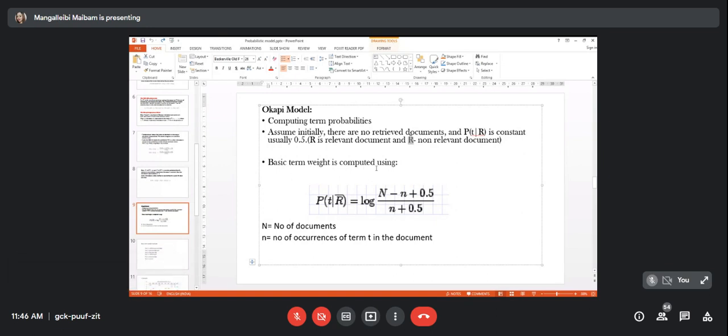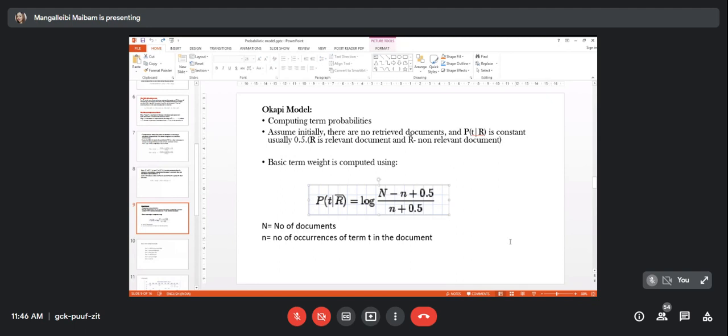Basic term weight is computed using this formula: log of (N minus n plus 0.5) divided by (n plus 0.5), where 0.5 is the constant value.